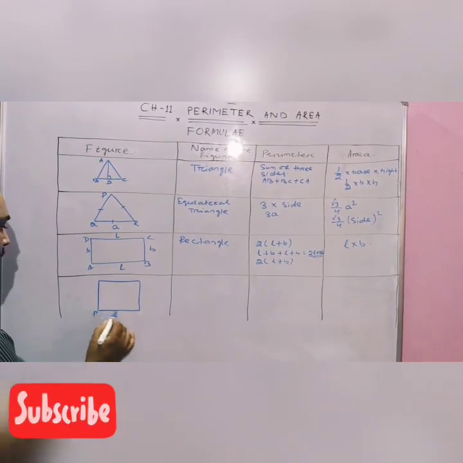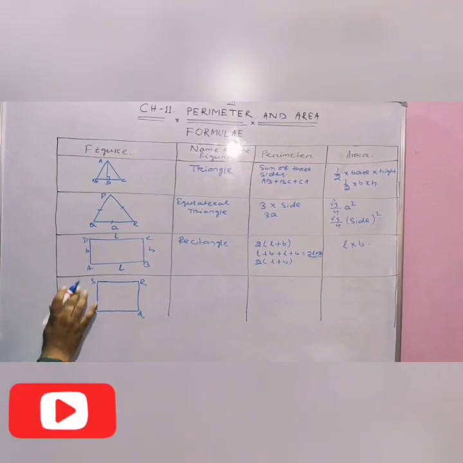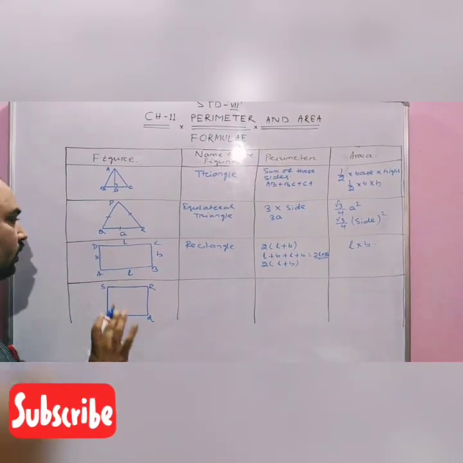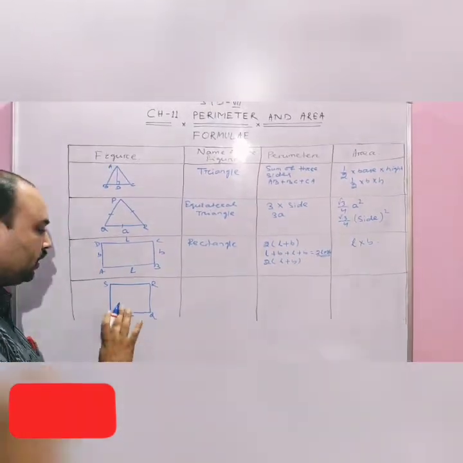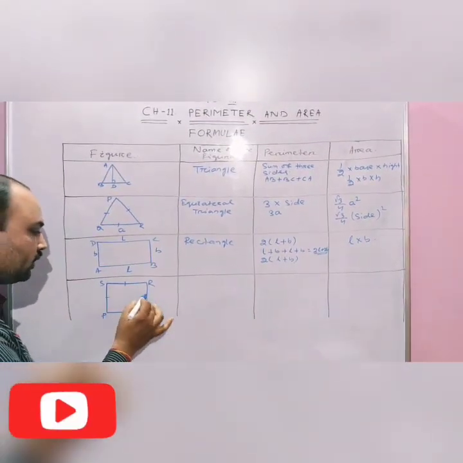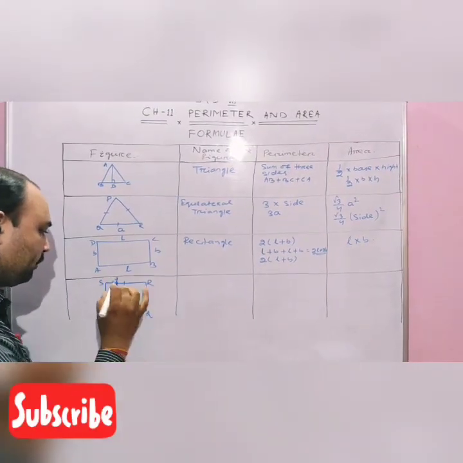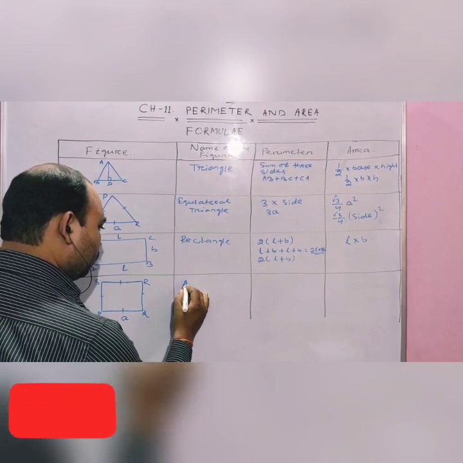So we are taking here P, Q, R, S. In a rectangle, length and breadth are different, but in a square, all sides are equal. It means length and breadth are all equal, so we name the side A. It is the square.